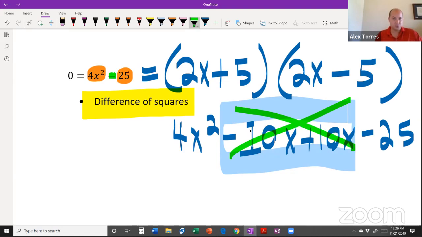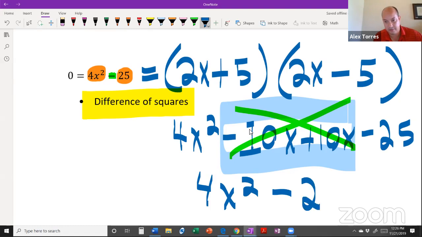So if I have two binomials multiplied together that have the same terms with a plus and a minus in between, so 2x plus 5, 2x minus 5, a plus b, a minus b, that kind of thing, you're supposed to know by heart that if you were to FOIL that out, the outer and inner terms cancel each other. And so you'll end up with two terms, in this case 4x squared minus 25.